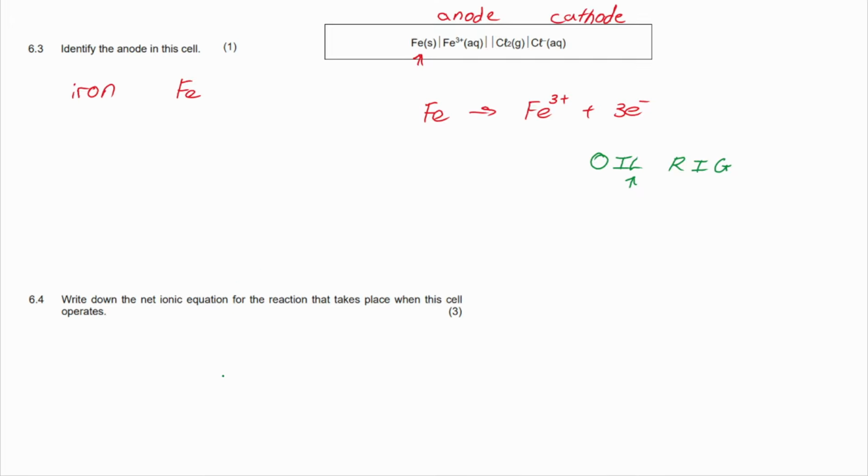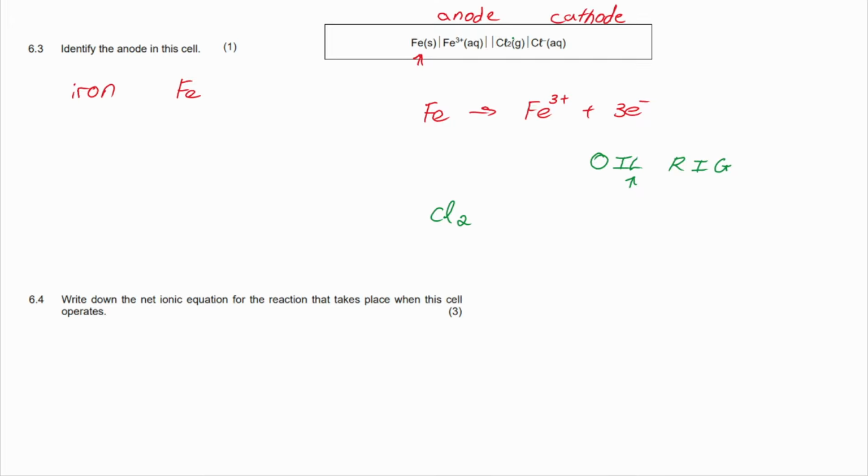All right. Over here they say write down the net ionic equation for the reaction that takes place when the cell operates. What I like to do is write out my half reactions, my anode half reaction and my cathode half reaction. At my cathode it's a gain in electrons.